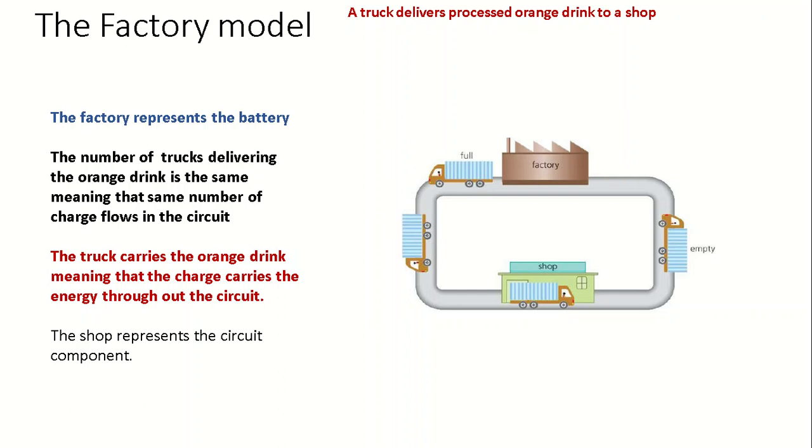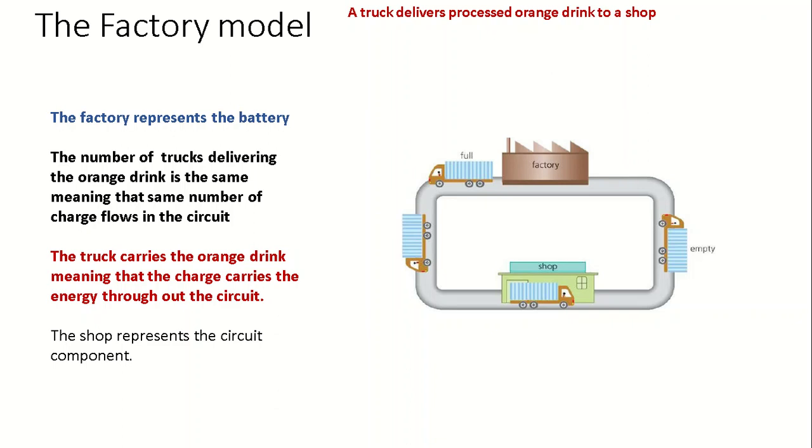The number of trucks traveling or delivering the orange drink is the same, meaning that the same number of charge flows in a circuit. In this case, we have 4 trucks, so the same number of charge flows in the circuit.